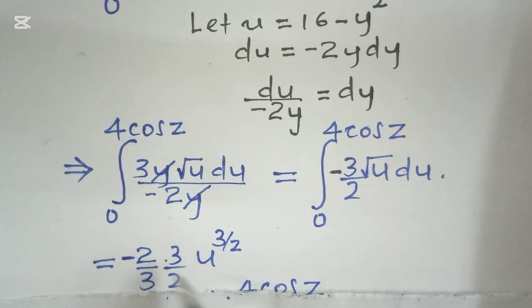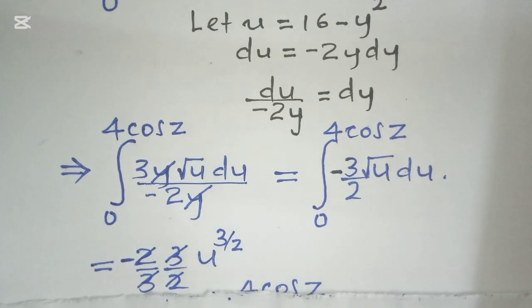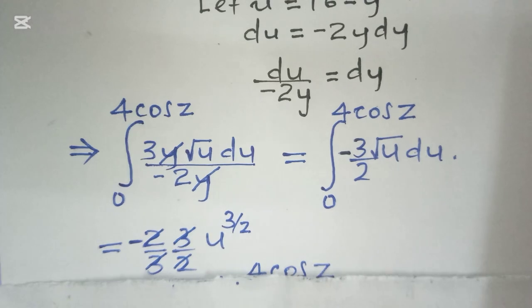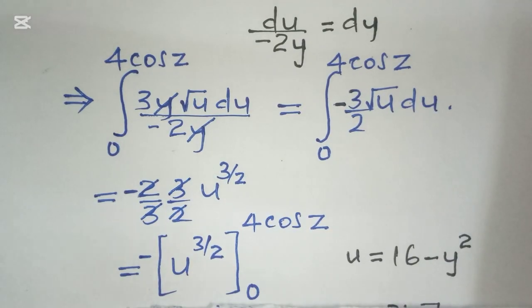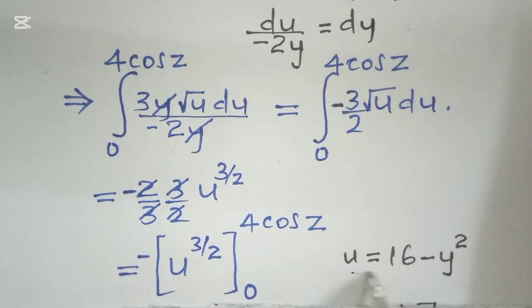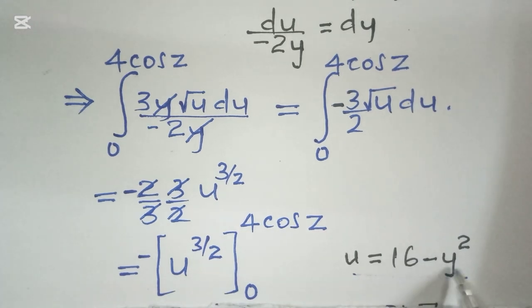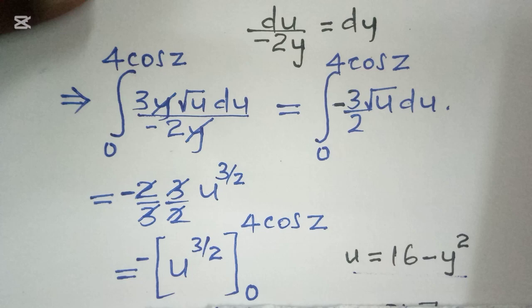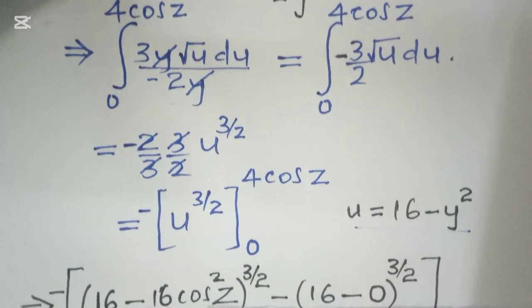So guys, these are going to cancel, and so we are left with minus u raised to 3 over 2 as our solution of integration. And then guys, we come and replace, as you know, u is the same as 16 minus y squared. So instead of putting u, we put 16 minus y squared, and we come and replace for our y.